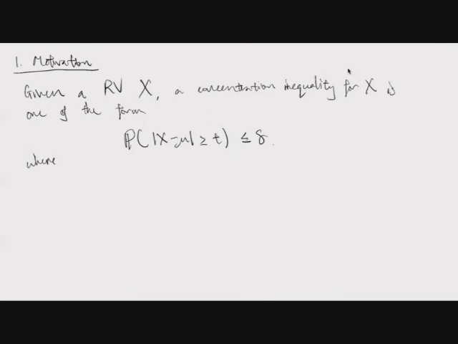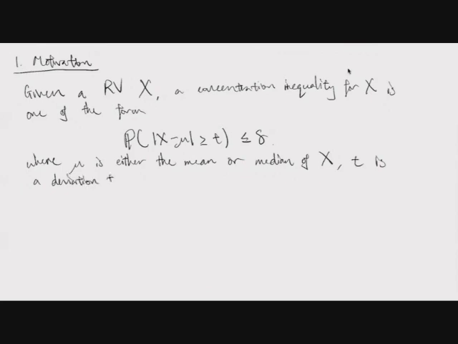Mu can be any number, but usually we want mu to be either the mean or the median of X. And t is a deviation threshold.